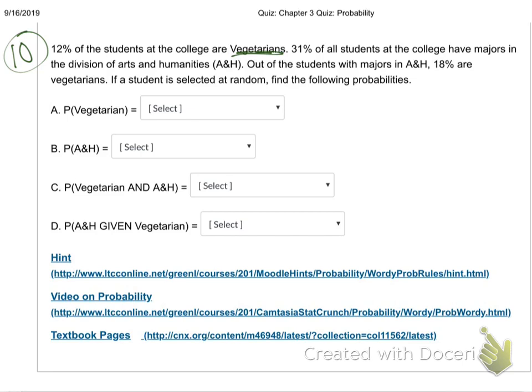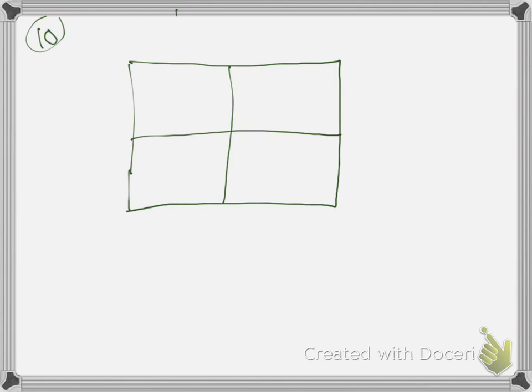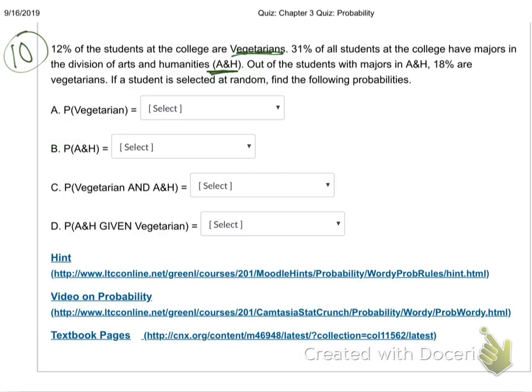And they're part of the arts and humanities, or not. Those are the two characteristics we're talking about. So we can go up here and say, are they a vegetarian, yes or no? Are they part of the arts and humanities division, yes or no? See how there's always two characteristics?